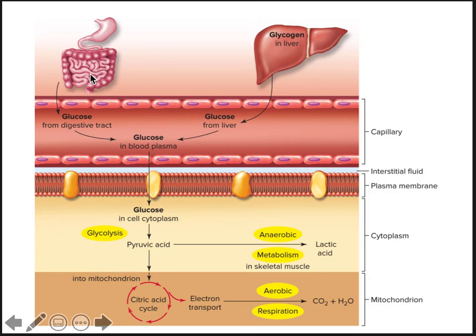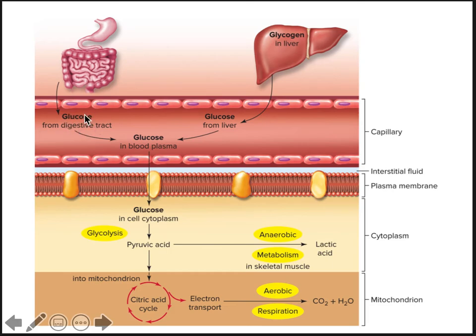They'll have slightly different pathways once we get to the specifics of how they get absorbed and the path that they travel, and then the specifics of their metabolic pathways, right?